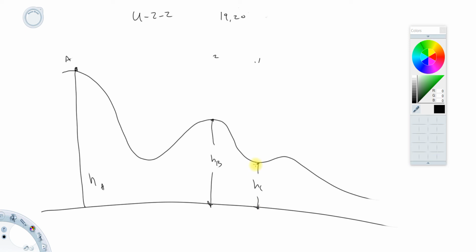So, let's see. What's the speed at B? So write out a work energy theorem between A and B. You're going to have a potential energy at A, and you could go ahead and just use this height using a datum here. You're going to have a potential energy at B. And you'll have a kinetic energy term as well to get that speed. That should be almost no problem.